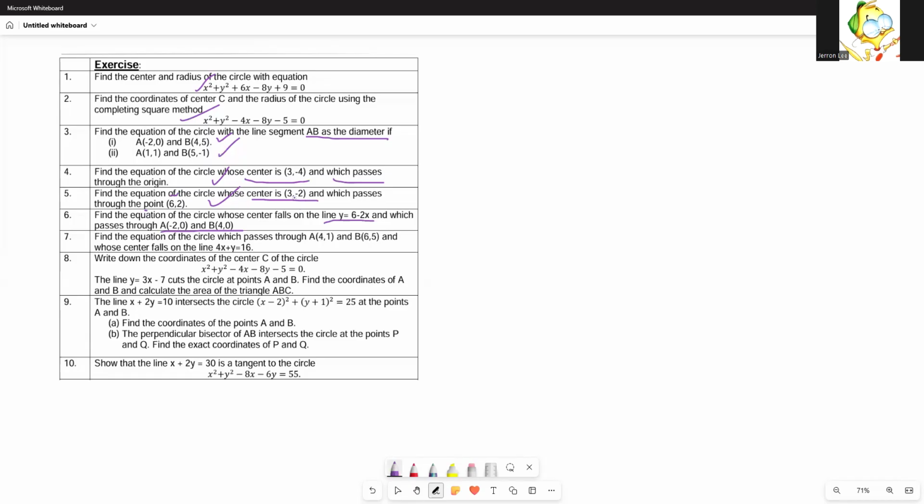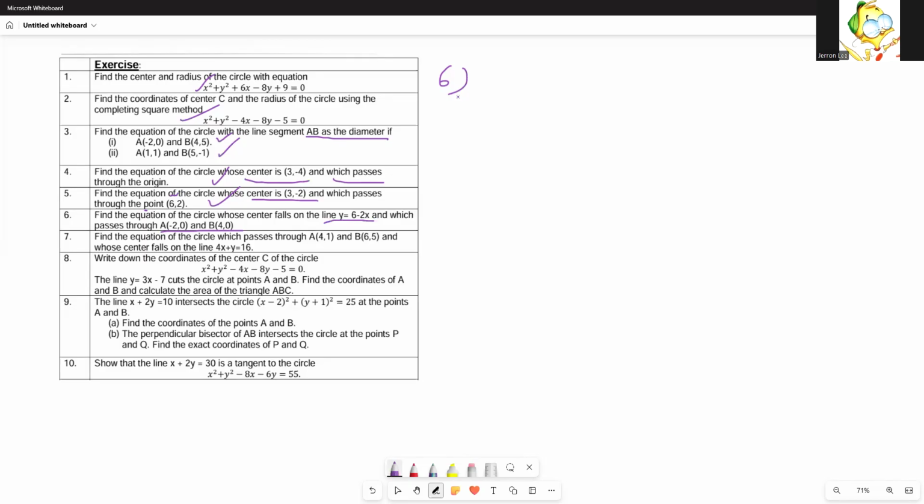Your answer for this must be the same as what I'm going to derive. Like I mentioned, we will not substitute values to get two equations because I realize that some of you are really not comfortable with that. So instead, we will do a different way. I'm going to do something that might not be the same as some of your classmates. They might be trying to find the midpoint.